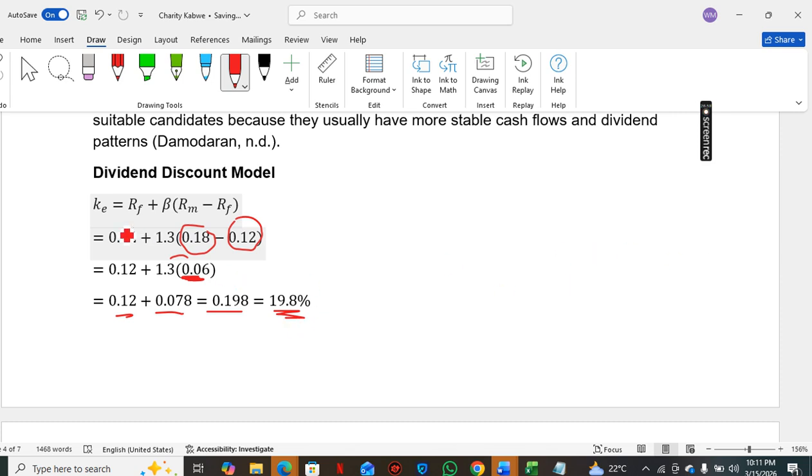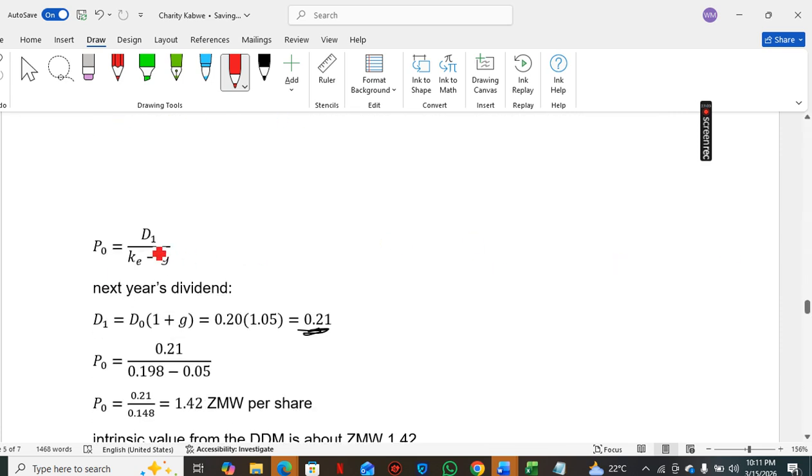So once you found KE, we go back to our formula here. The intrinsic value: D1, next year's dividend, over KE minus G. So 0.21 over 0.198 minus 0.05. Remember, this 0.05 is the growth rate.